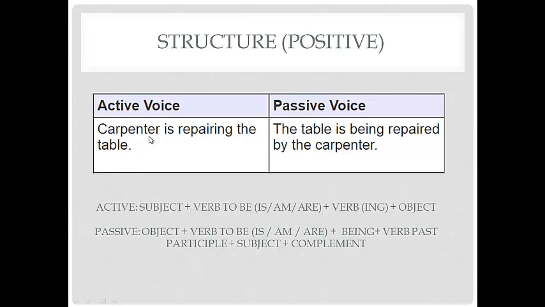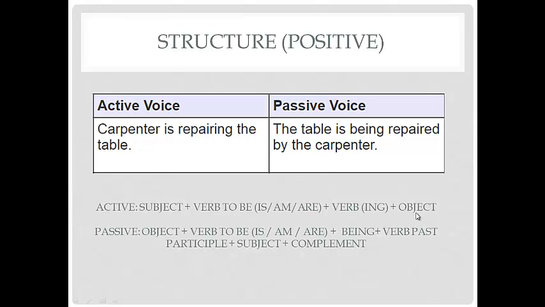So now with the structure. Active: the carpenter is repairing the table. The carpenter is the subject, the person doing the action. Is repairing: here, is is the auxiliary verb, the verb to be: is, am, or are. Also the verb with ing, repairing, and the object, the table. And we have the complement after that.